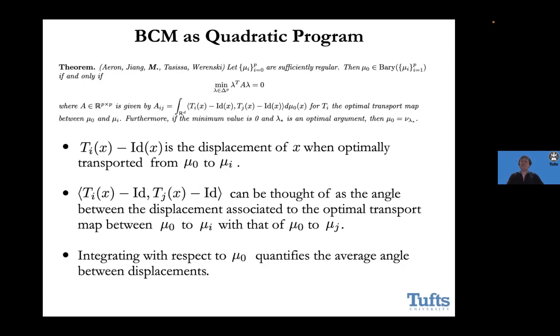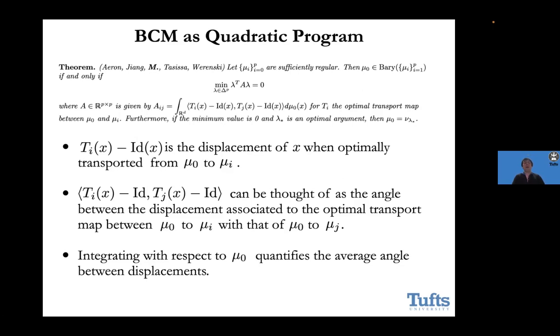So is there some choice of coefficient which will yield that mu0 is the barycenter of mu1 through mu p with respect to these weights? We can solve this by asking if this quadratic program, lambda transpose A lambda, has a solution equal to 0.